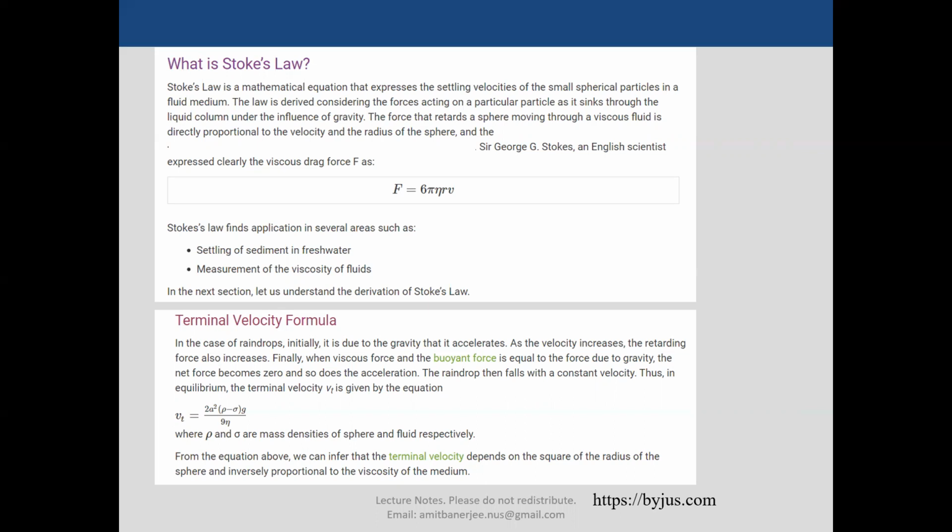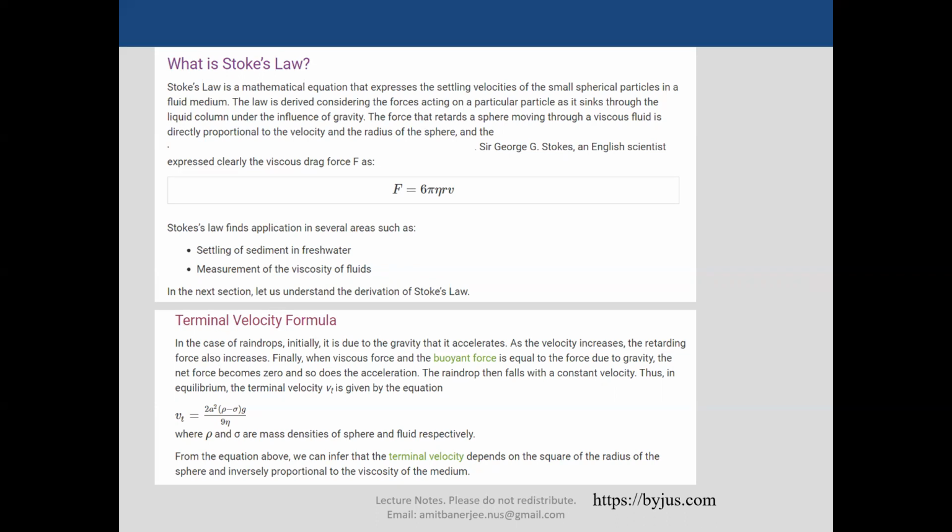Now the terminal velocity is also another concept, which deals with a raindrop. Initially, due to gravity, it accelerates. As the velocity increases, the retarding forces also increase. And finally, when the viscous force and the buoyant force are equal to the force due to gravity, the net force becomes zero, and so does the acceleration.